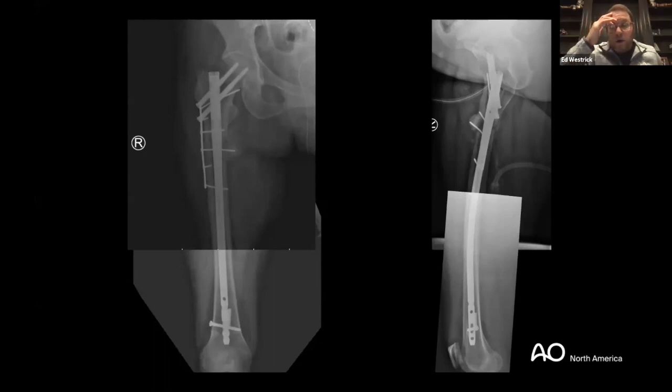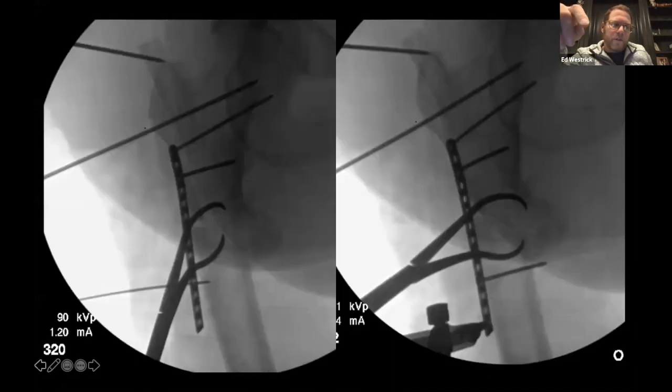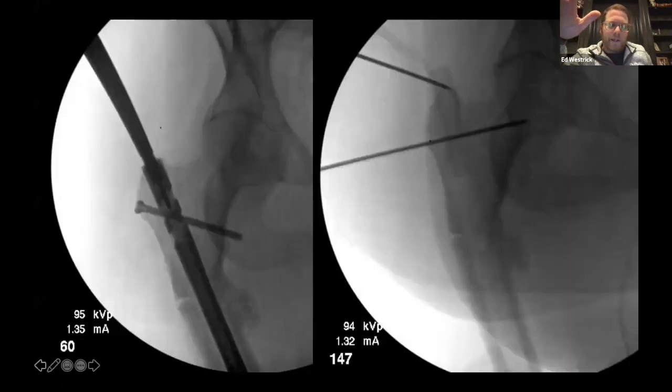One, if you were using this nail for an inner troch, cutout, that was the question, would certainly be an issue. But again, this is a subtroch non-union, and so what we want here, as opposed to, Jeff, go back to the initial fixation, where there's only one screw that is not really controlling the head and neck segment, right?